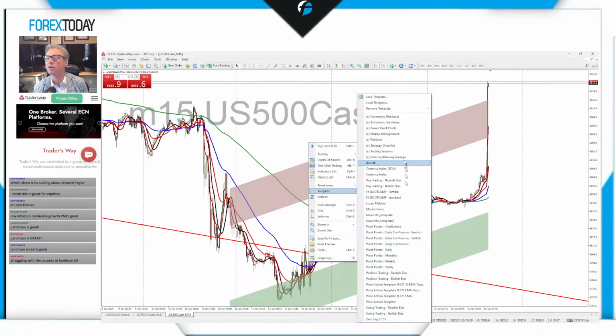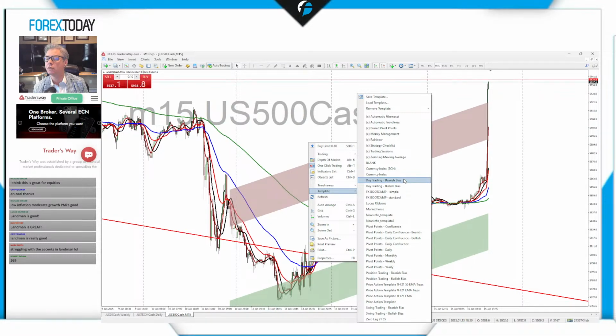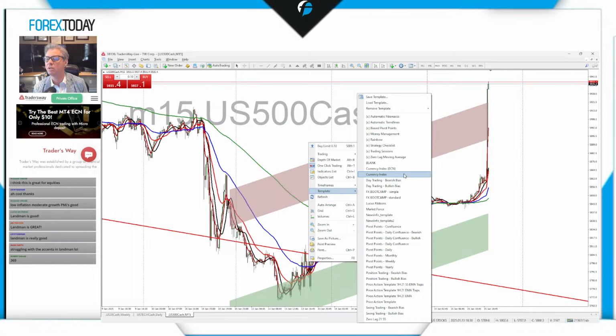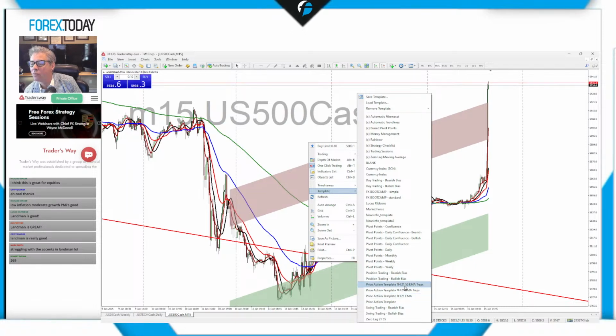Pivot point. Where's my bias pivots template? I guess it's an indicator that I wanted. All right, so let's do it this way. I want to do swing trading bearish.